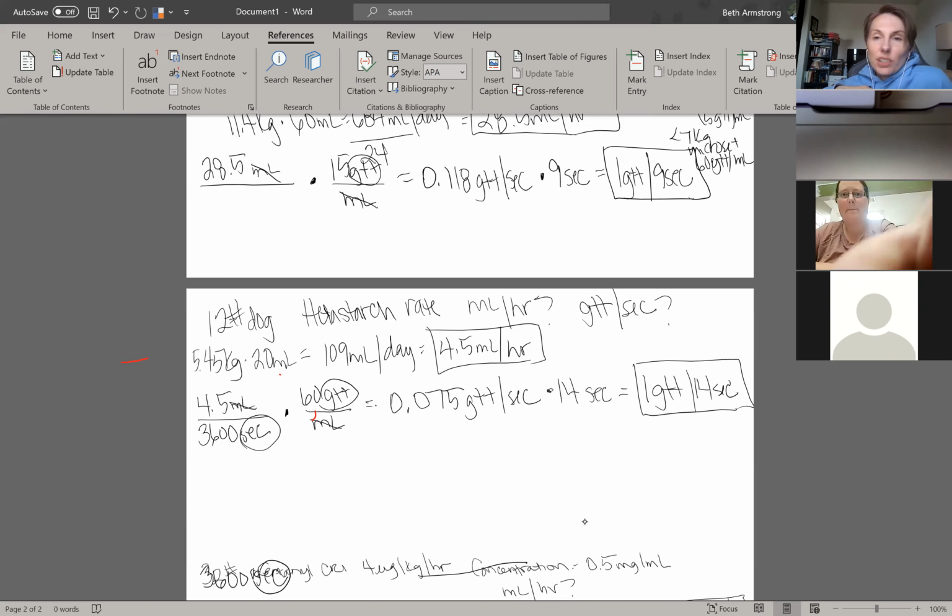So that one's a good one that shows you too, because if you just changed it to 10 seconds, it would change your fluid rate significantly, especially for a small animal, where we do need to go that extra step.